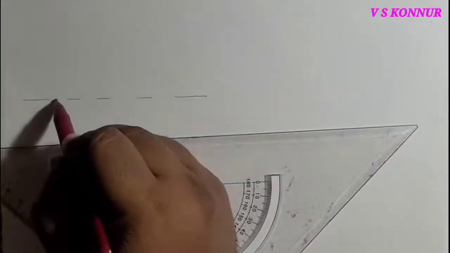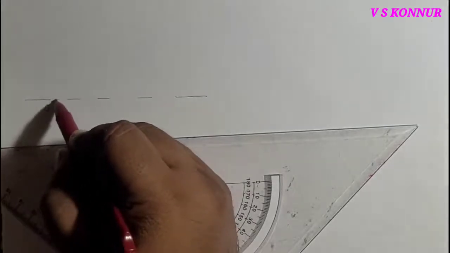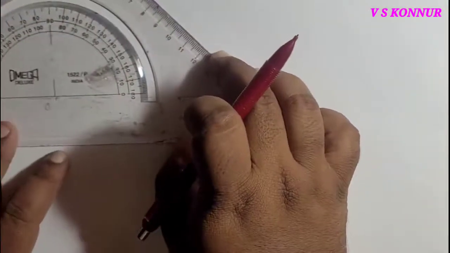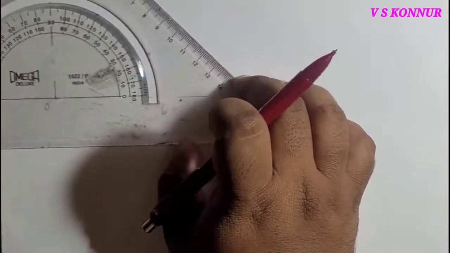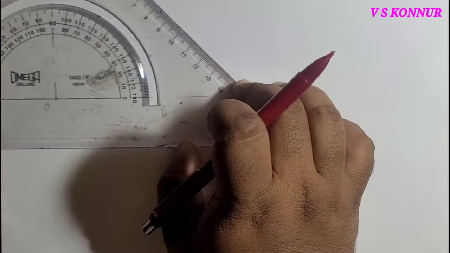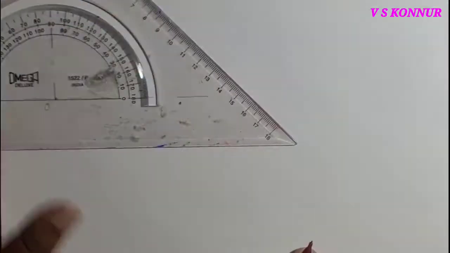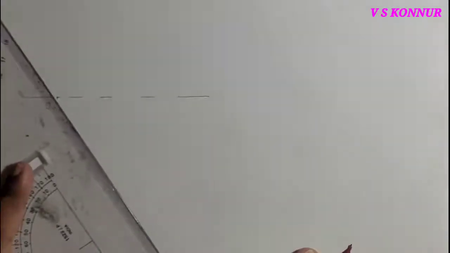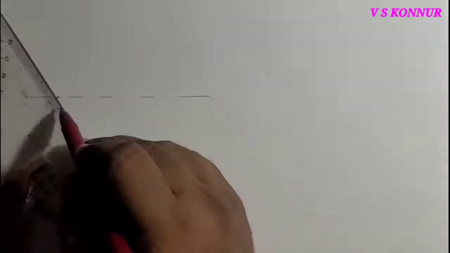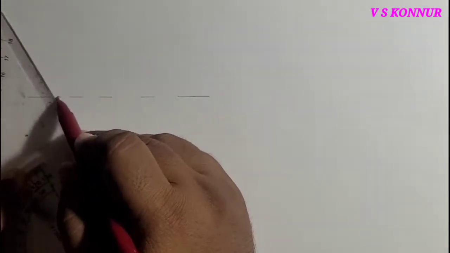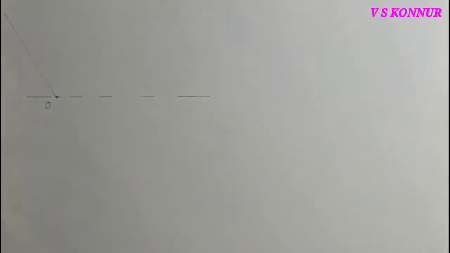And then we'll mark a point, call it point O. From that point you have to take 120 degrees. So I have marked 120 degrees on this, and then we'll join with a thin line first. This angle is 120 degrees.